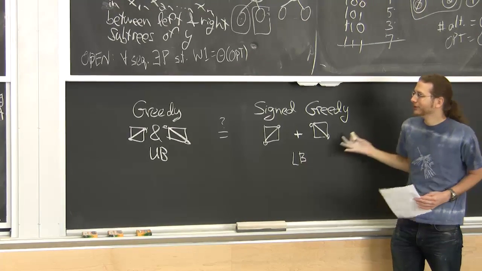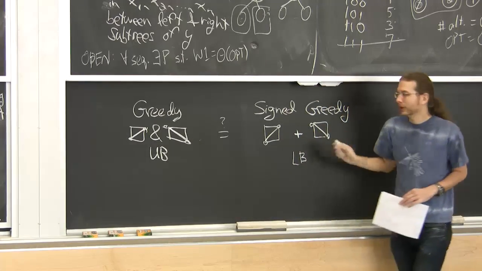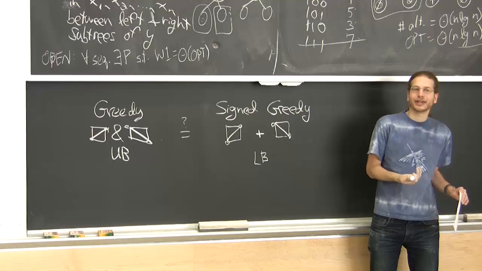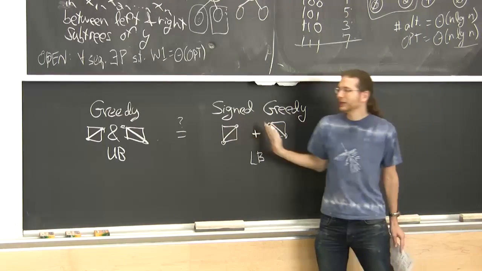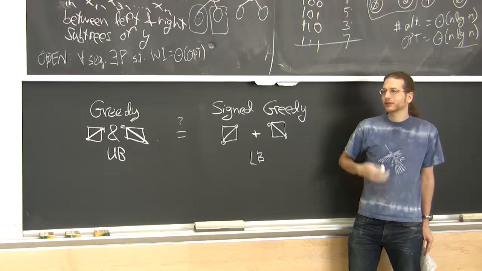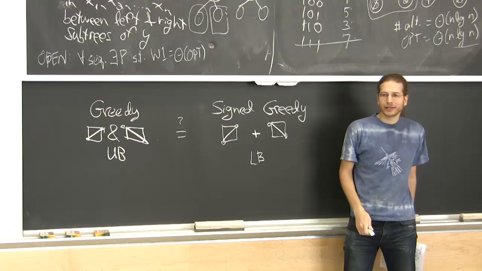They look almost identical. But what greedy has to deal with is sort of the interrelations. When I fix some plus rectangles, I might get new minus rectangles that I have to fix with greedy. Signed greedy doesn't have to deal with that. It's just the plus rectangles. They might make more plus rectangles, but that's all I have to deal with. It doesn't deal with the interaction between plus and minus rectangles.